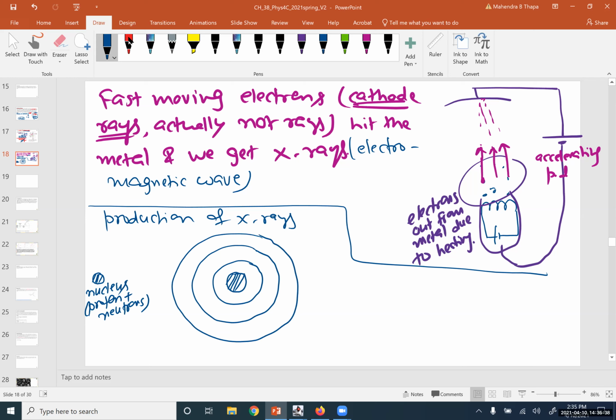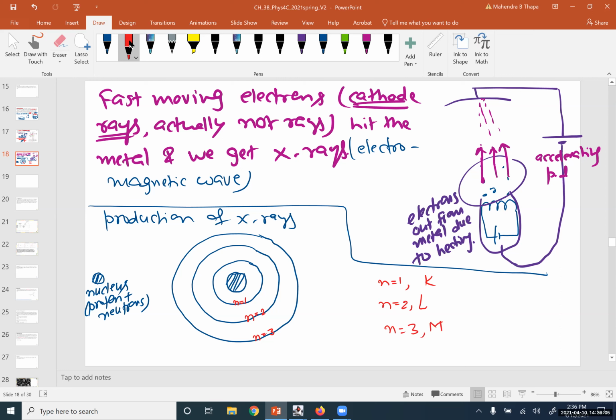Okay, so you know from chemistry, n equal to 1, the first orbit, is also called K. This is n equal to 2, and this orbit is called L. This is n equal to 3, called M, so KLM.